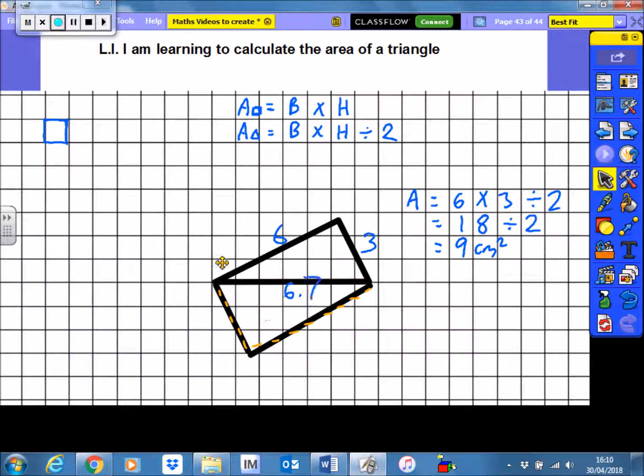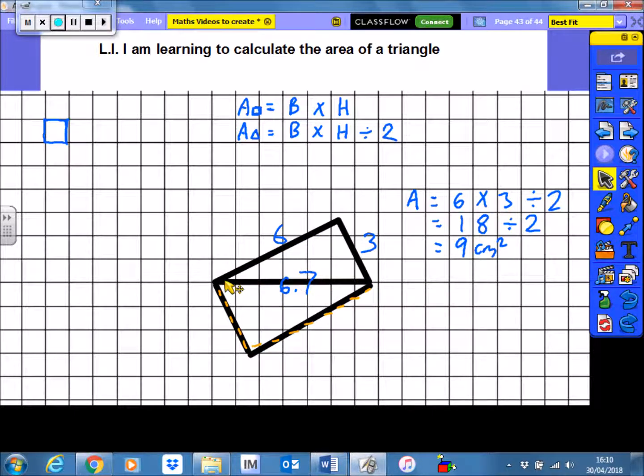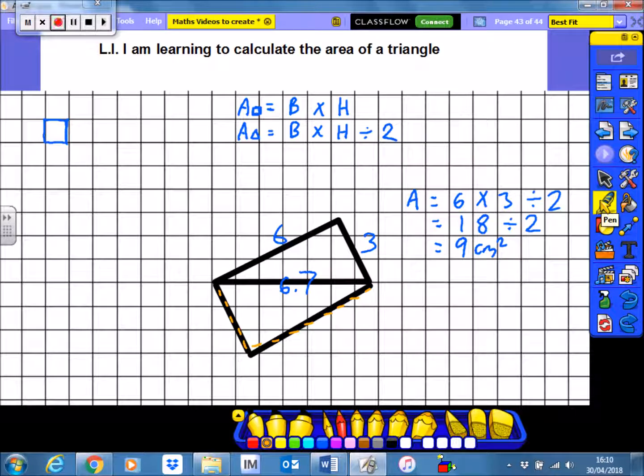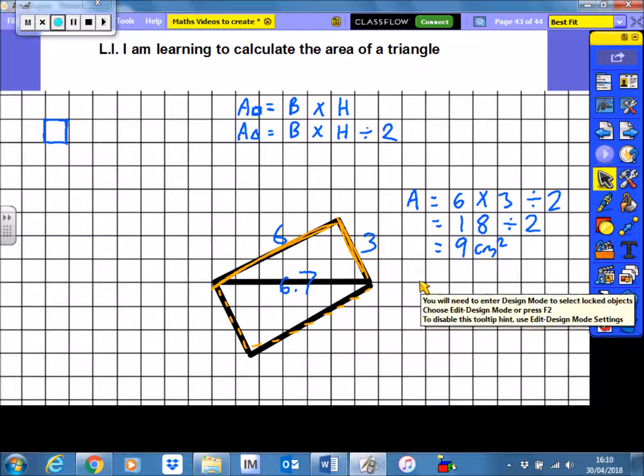Now we can see that this 6.7 refers to this diagonal line here, which is neither the base nor the height of the rectangle. So it should now be clear, no matter what, that the base would still be 6 and the height would still be 3. So there's our base, there's our height. It's just that the triangle is at a different angle to what it was a minute ago.